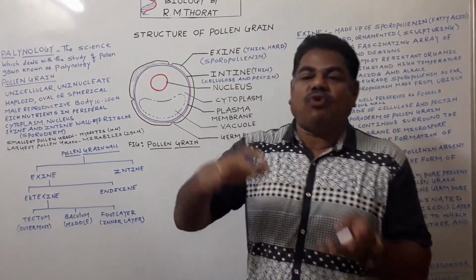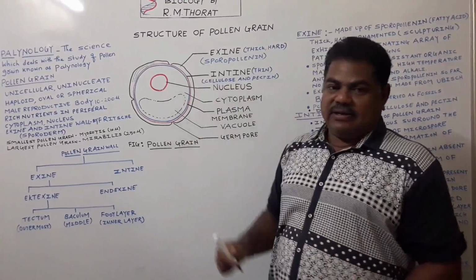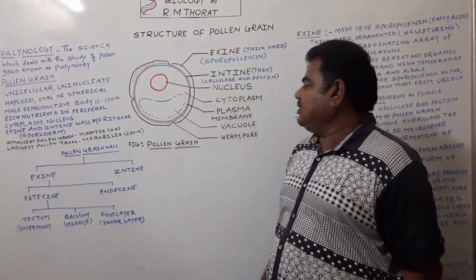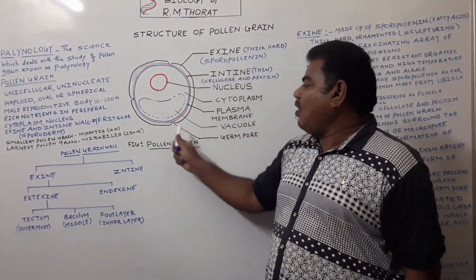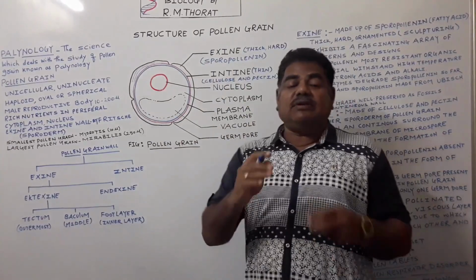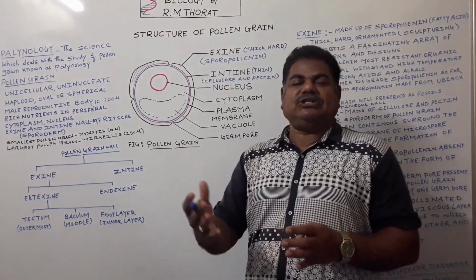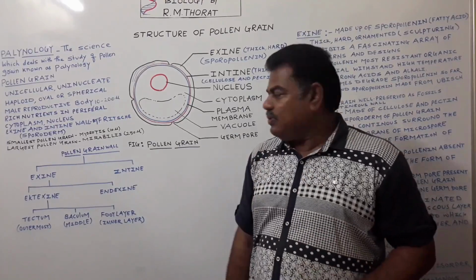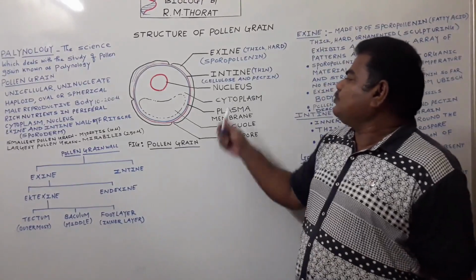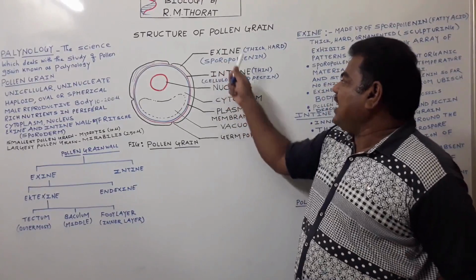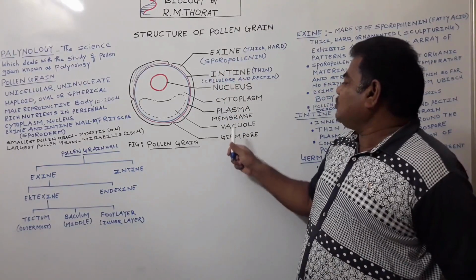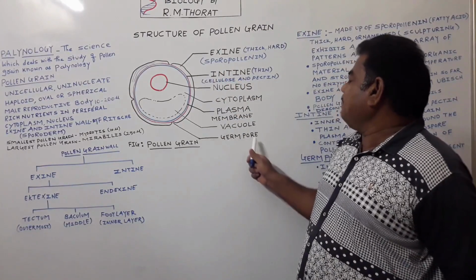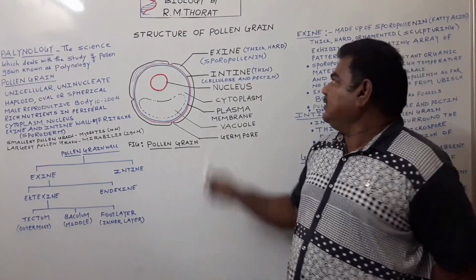And yellowish bodies form this exine as well as this intine. When exine and intine are formed and surround the microspore, that structure we call a pollen grain. So let us see the details of the exine, intine, the germ pore, and the pollen kit.